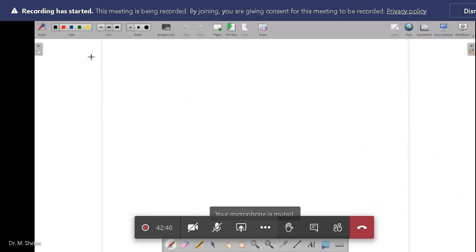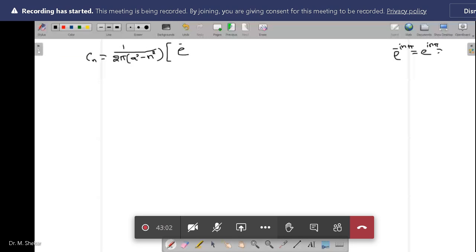So Cn is equal to 1 over 2 pi into a square minus n square into, we know the result, I'll directly write it, e to the power minus in pi is the same as e to the power plus in pi, both are cos n pi plus or minus i times sin n pi. Anyhow this quantity is 0, so both we get minus 1 power n because of cos n pi.